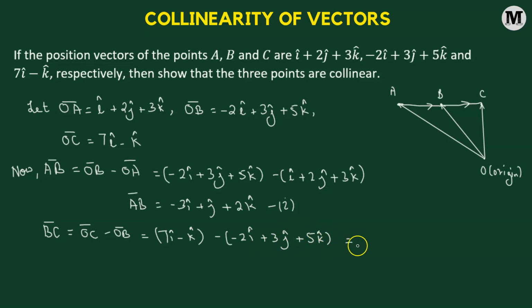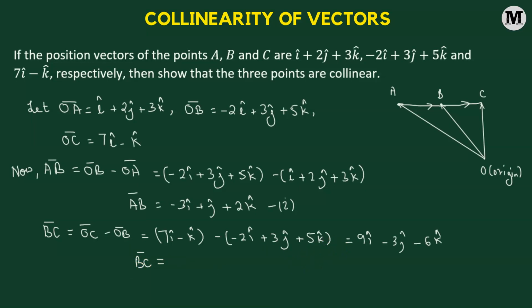This will be equal to 9i cap, then negative 3j cap, and then negative 6k cap.